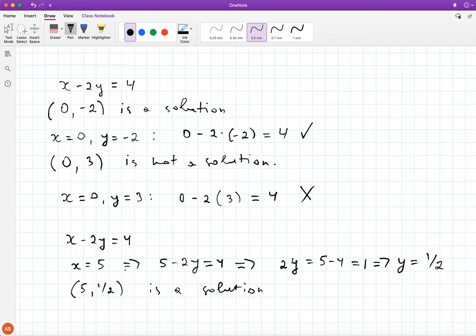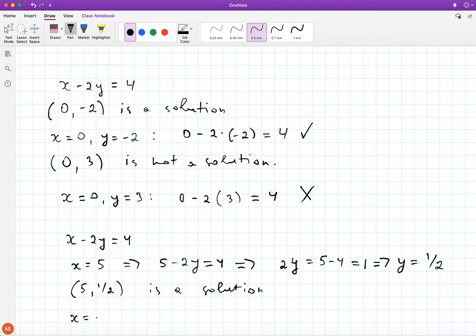We could start with a different value of x, and we would be able, again, to find the appropriate value for y that would make the pair, the value of x and the value of y, a solution of that equation.